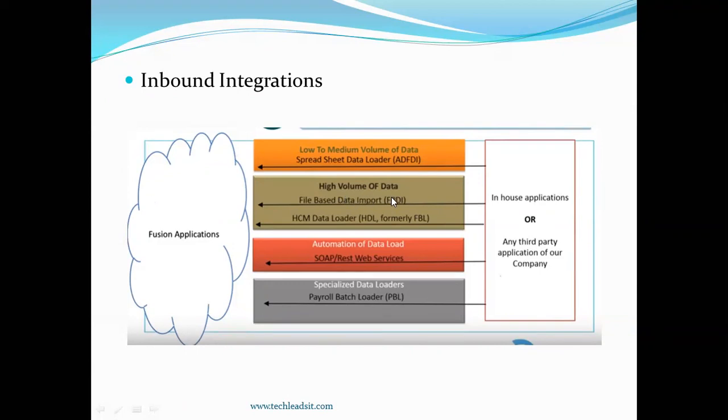AP, accounts payable invoices, are one of the business entities. Like that, for each product family, Oracle categorized n number of business entities for this FBDI process. We just follow the set of instructions provided by Oracle for this FBDI process in order to push the data to the Fusion applications.